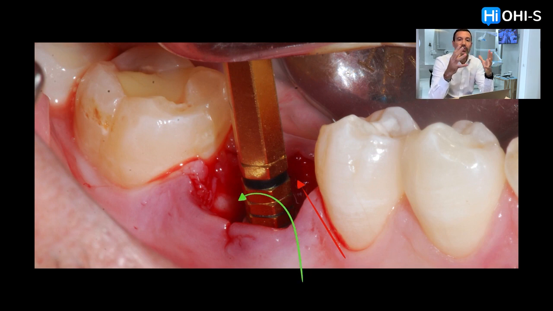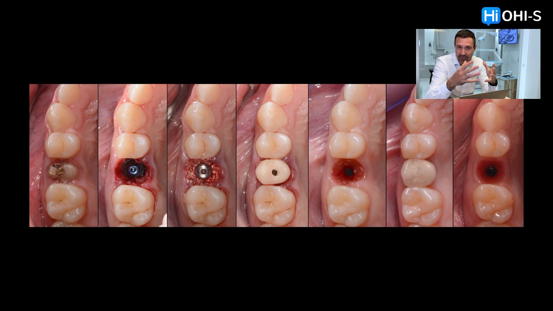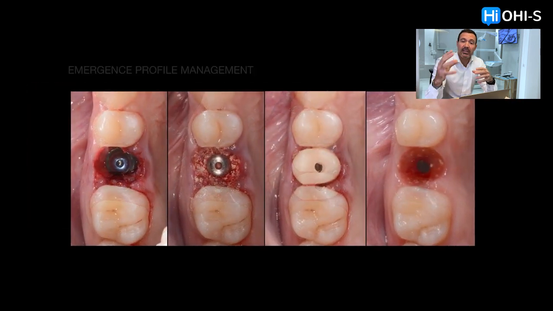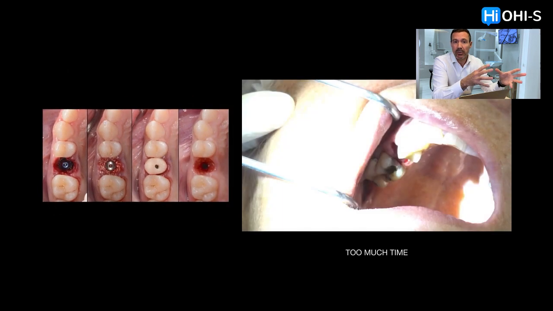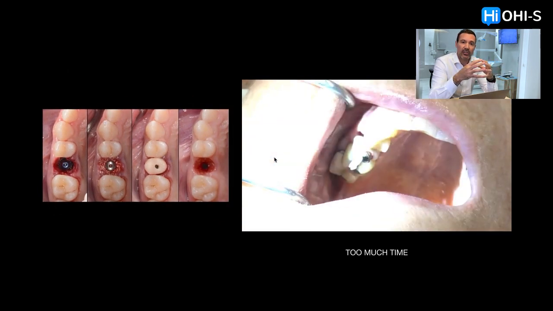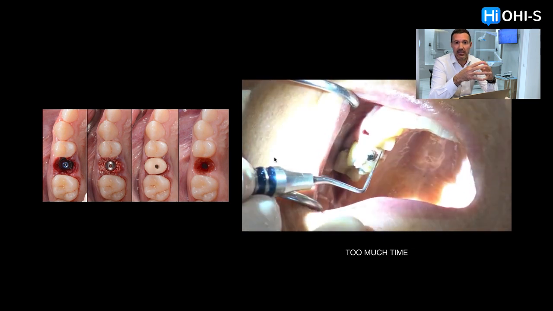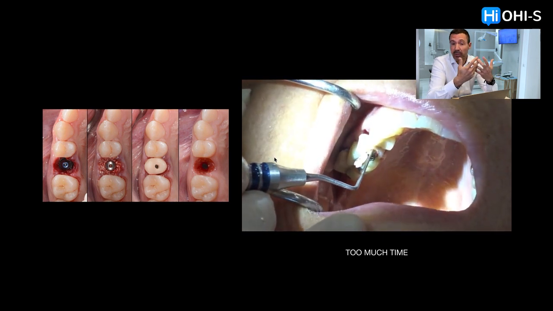All these things are going to be explained in order to understand the reason why we're using that technique. As I said before, immediate loading is linked to immediate implant placement, which means I need to be very accurate when analyzing the case and planning my immediate placements.